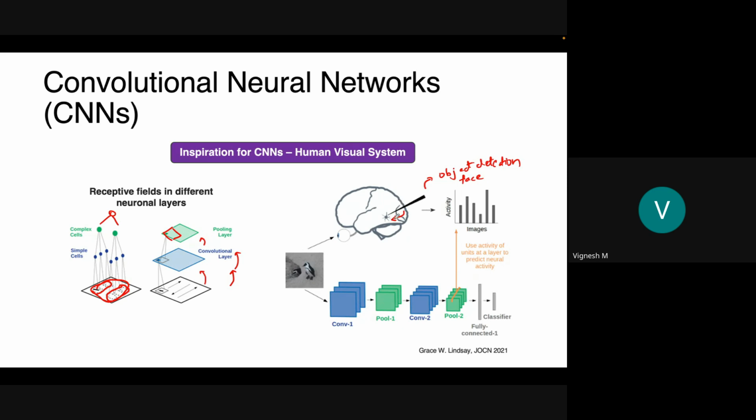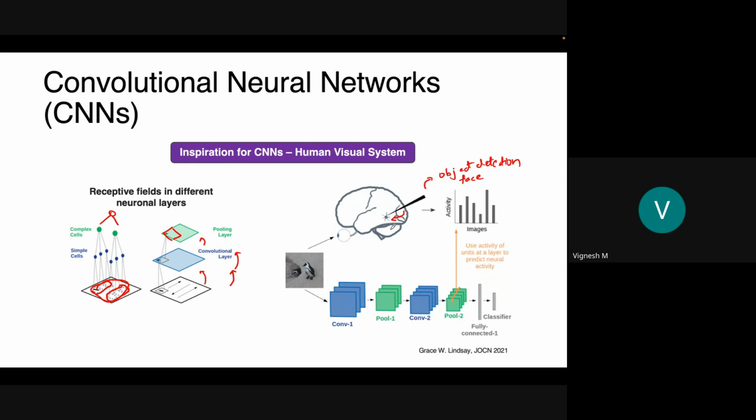Like, if you go to areas of the brain that are specialized in detecting objects, and if I train a CNN and look at the deepest layers, or at least to some level of depth, do they act similar as if it is the same areas of the brain? So in fact, you can imagine that the representations were formed in the early visual areas, and more so as you go to higher visual areas where there is object detection, that is like this fully connected network probably there, right?